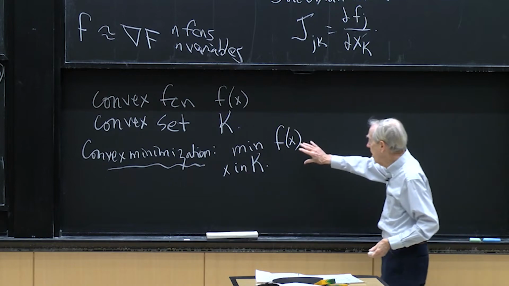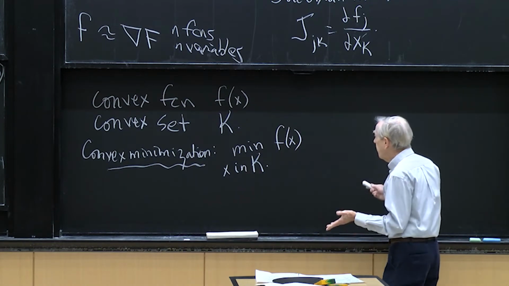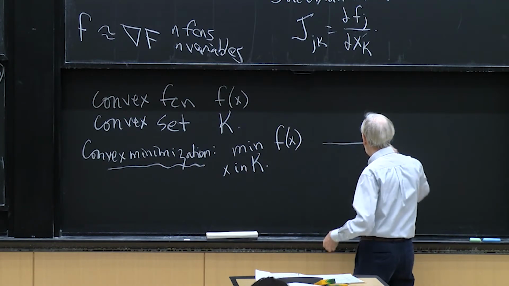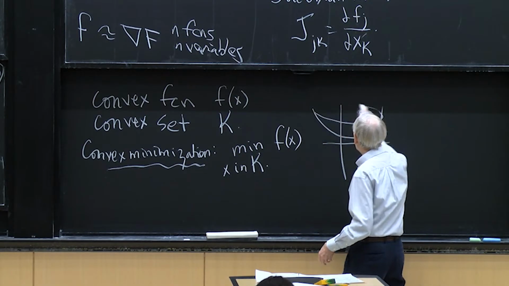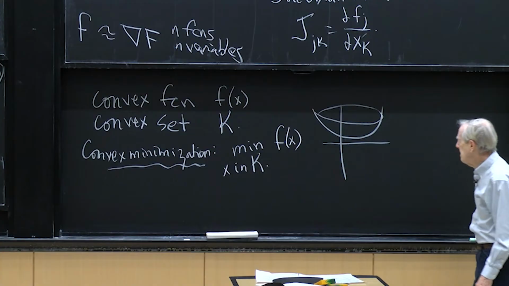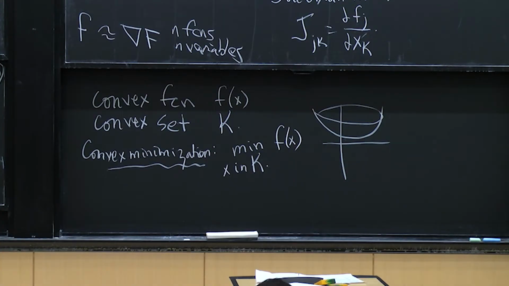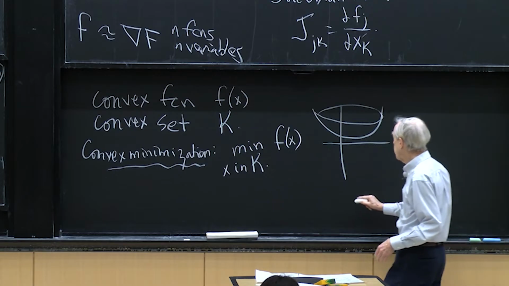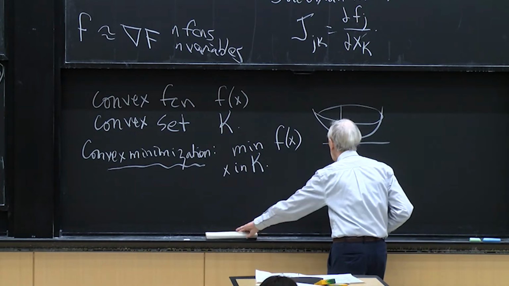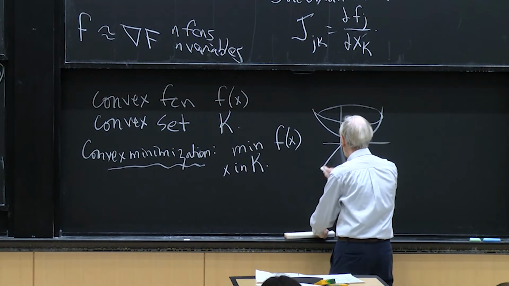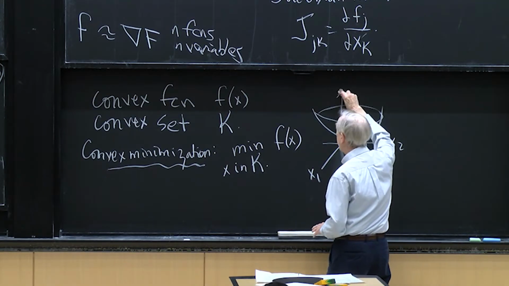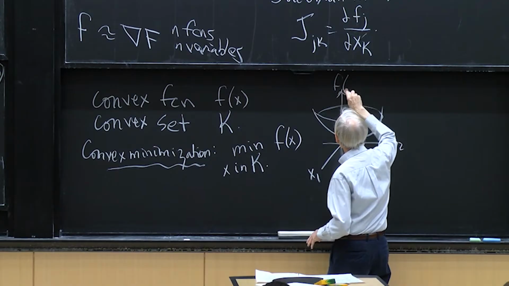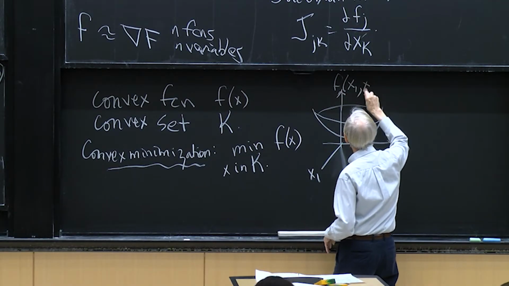The function is convex, so let me draw the graph of a convex function, say a bowl. So that's a graph of f of x. And here are the x's. Let me put x1 and x2 in the base, and the graph of f of x1, x2 up here.